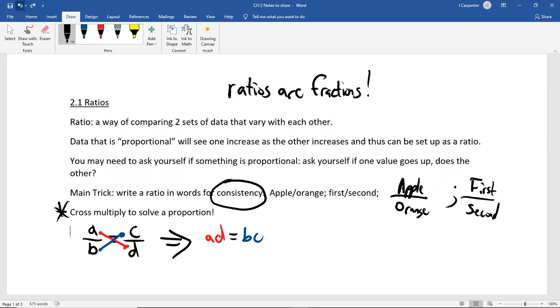If you did oranges over apples, you're not going to be able to tell that anymore either. And when you solve, if you don't make mistakes, you would get the same answer either way. So it doesn't matter whether you do apples over oranges or oranges over apples. You have to be consistent. As long as you're consistent, the order you chose doesn't matter.